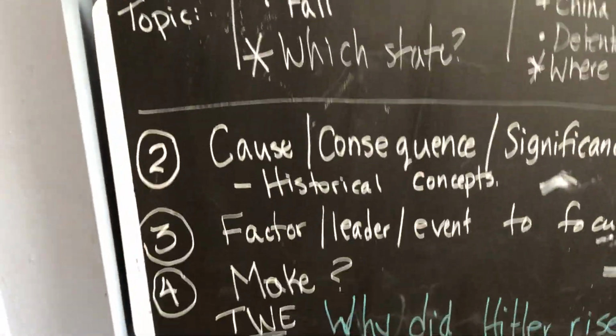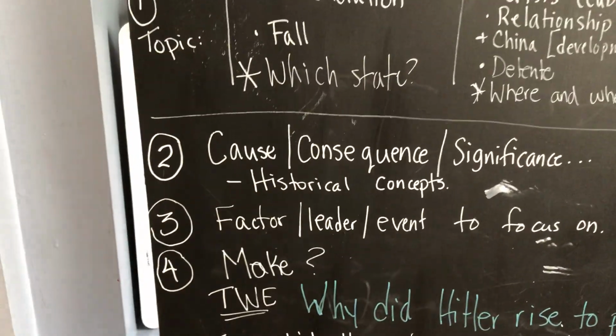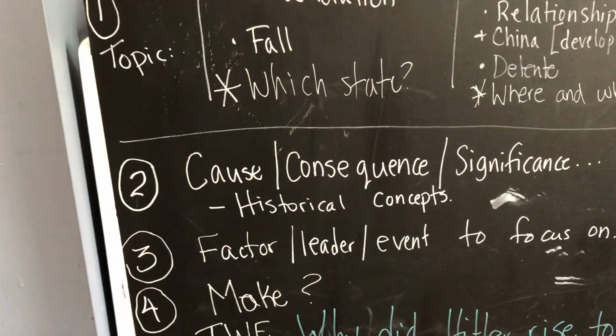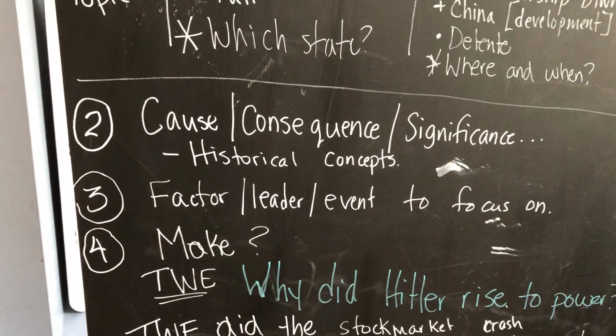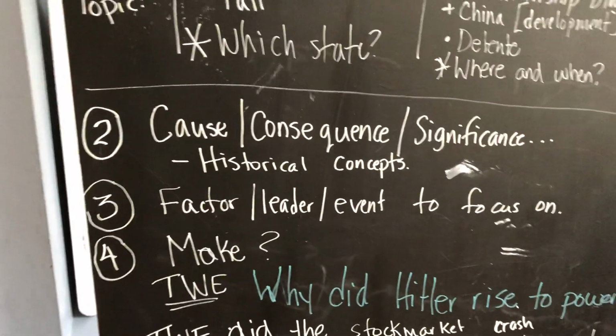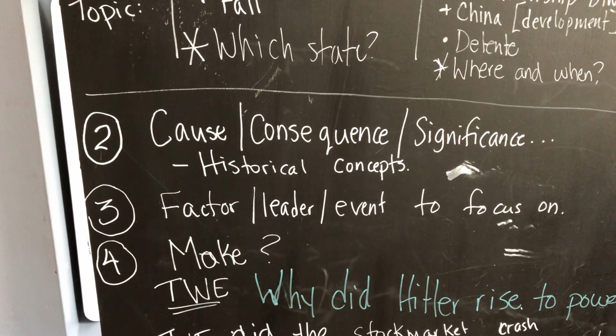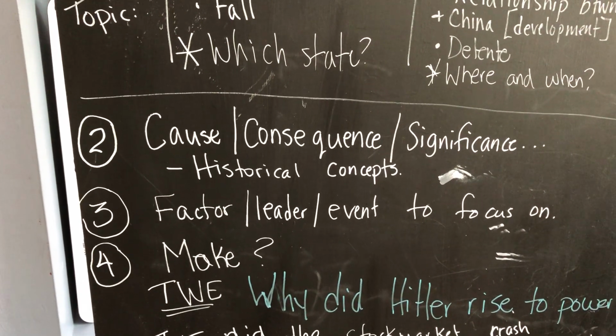Okay, so now we come down to factors. At the bottom I've got some examples of factors. Say you've decided you're going to look at the cause of the rise of the authoritarian state under Stalin.